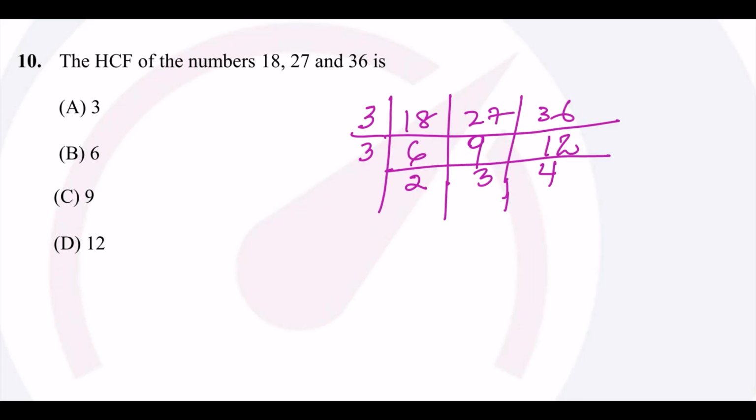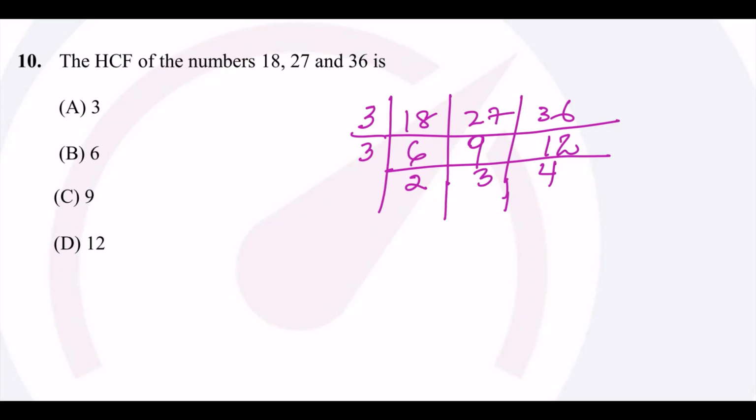Now we have to stop here because there's no other prime number that can go into all 3 of the numbers without leaving a remainder. So hence we have to stop here.